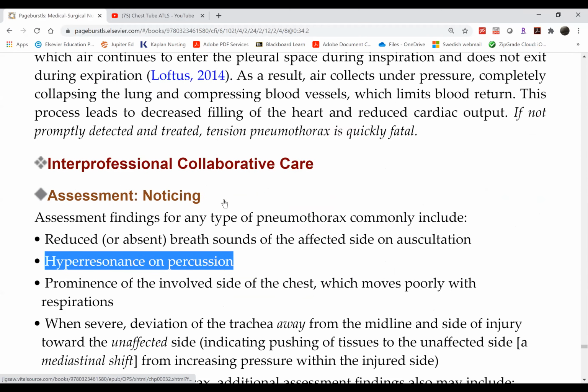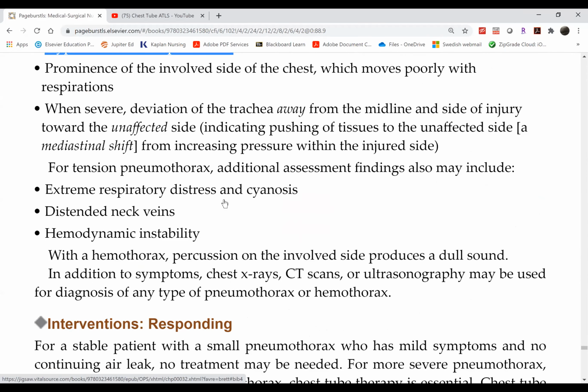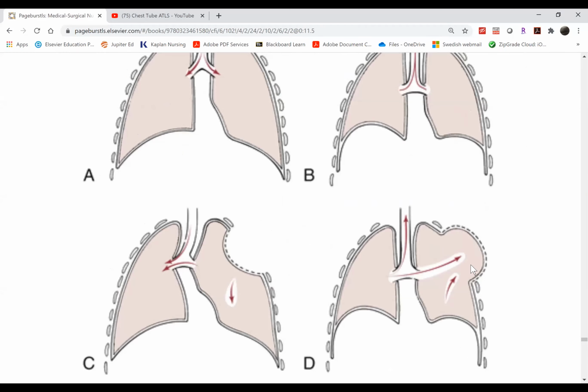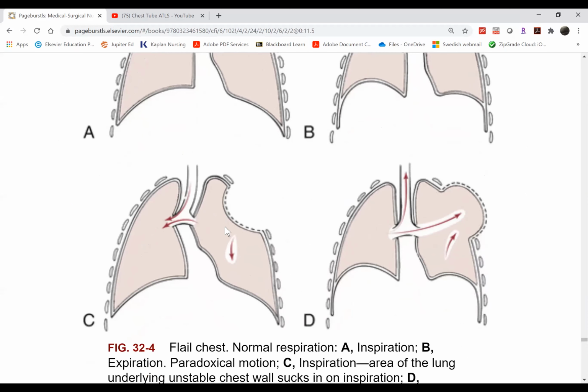However, if that deviation is extreme, then that is now tension pneumothorax. So the same thing will happen. Instead of having a flail chest, now you have this lung collapsing. Just imagine this one is collapsed, and then you have a lot of positive pressure accumulating here, either air, blood, or any other fluid occupying the pleural space.